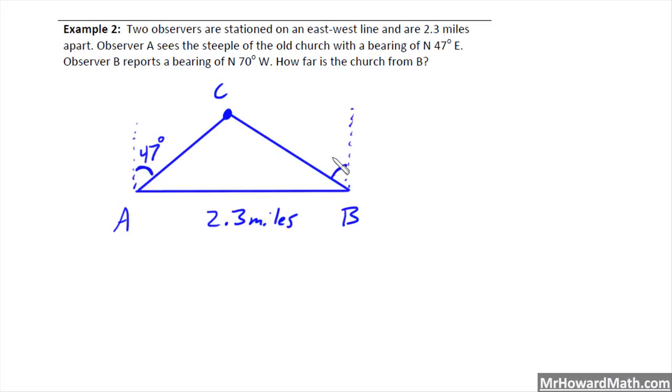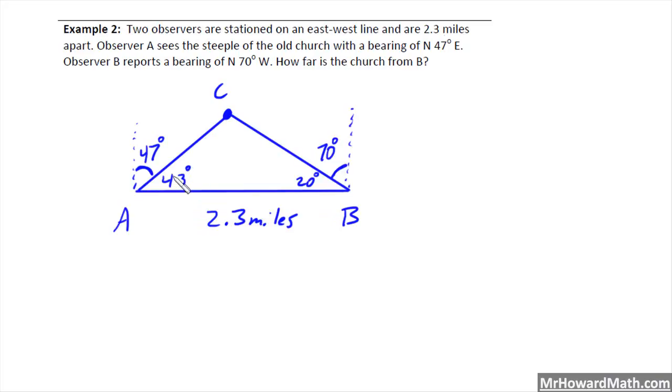And this angle over here for observer B is north 70 west, so that would be 70 degrees there. Remember that these, not navigational, but these survey angles are measured off of a due north line. So that would make this angle 90, that's 90 right there, so 90 minus 70 is 20 degrees. And this one would be 90 minus 47 is going to be 43 degrees.